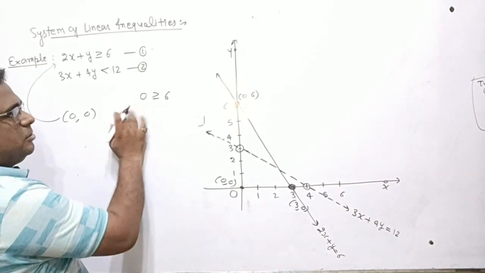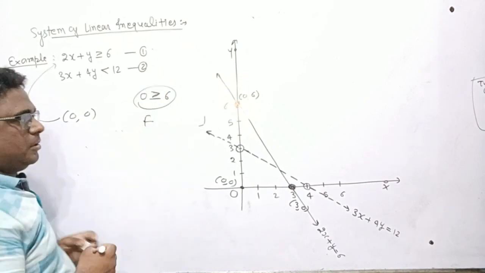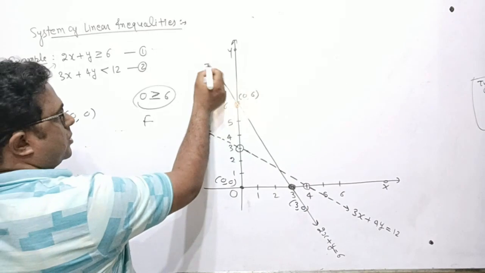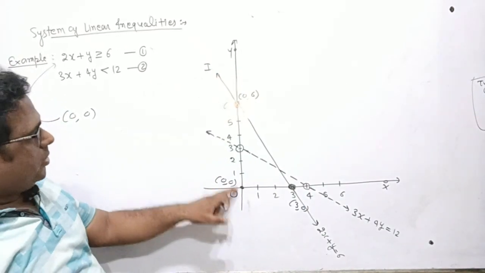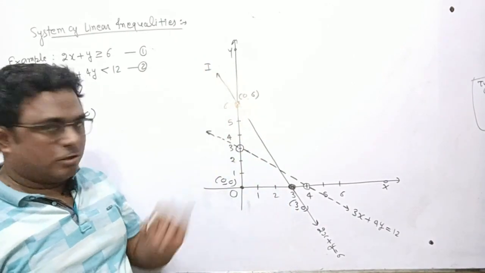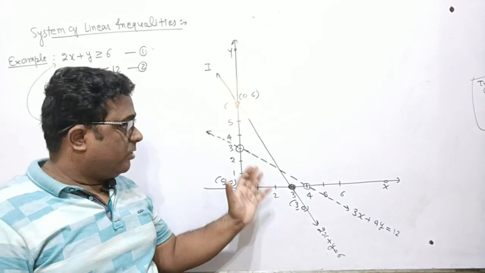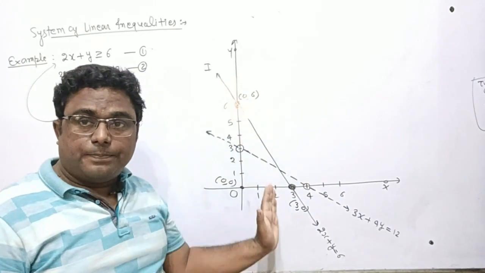So it means 0 greater than or equal to 6 is a false statement. So which line is the first line? This is the first line, and when I put the testing point into the first line, it becomes false. It means I will select the upper half of this line.